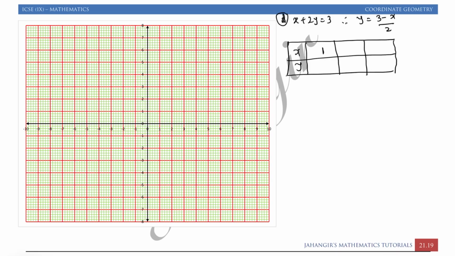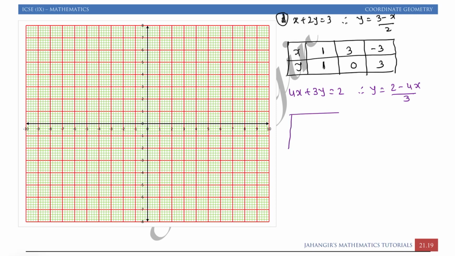The x value 1, then the y value 1; x value is 3, y value is 0; x value is minus 3, y value is 3. Now the second equation is 4x plus 3y is equal to 2. So therefore y is equal to (2 minus 4x) upon 3. We had already discussed how we got this equation.